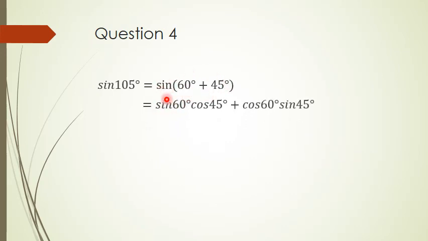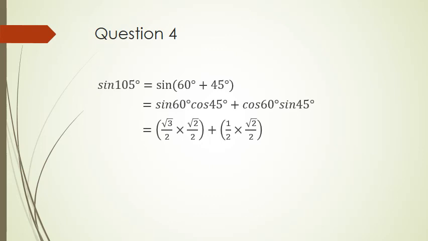Then expanding using compound angle formula. Again, remember to copy the formula correctly from your information sheet. That's sine 60 degrees cos 45 degrees plus cos 60 degrees sine 45 degrees.